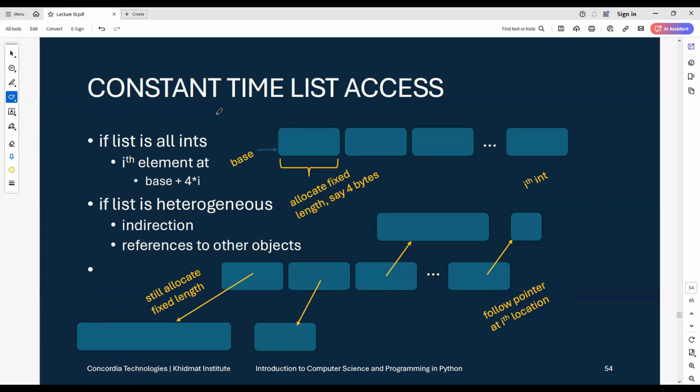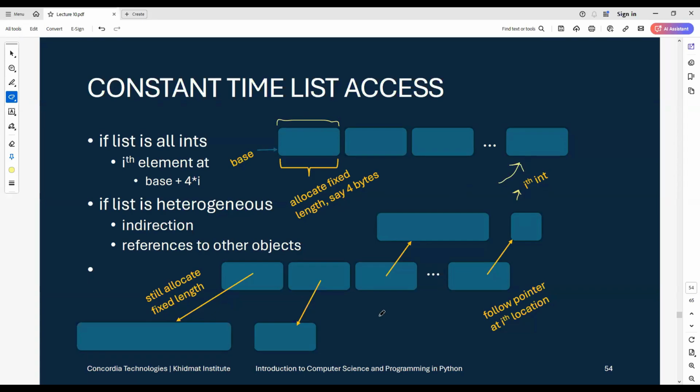For example, we want to identify whether we are taking a fixed amount of time when we are accessing an element within a list. If the list is all integers, we know one integer takes 4 bytes to store. 1 byte is 8 bits. So if we have to go to the ith element, we just multiply i by 4 bytes or 32 bits, and we know where to get the element.